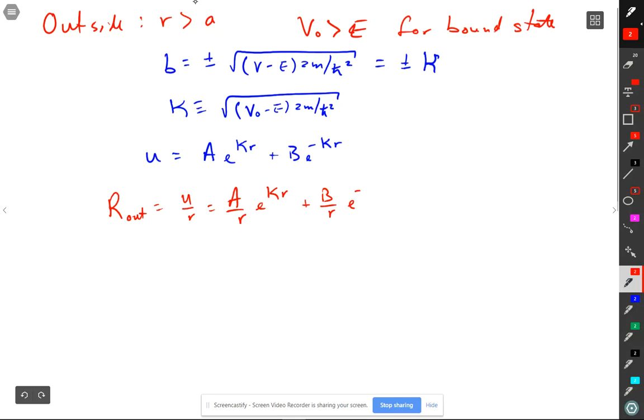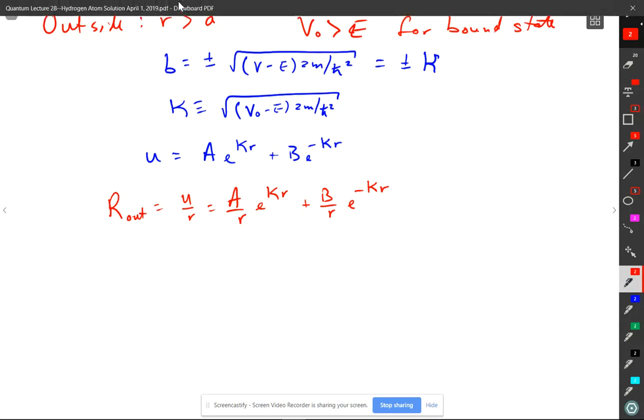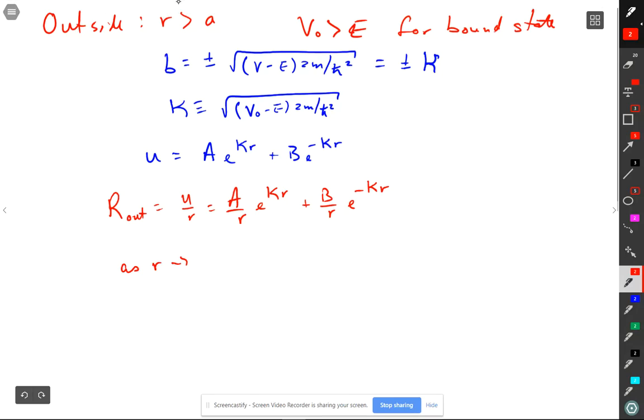It's not going to matter for what I'm doing, but I should just be more careful. So now we have our requirement that as r approaches infinity, R out has to approach 0. And so if you look at those terms, one of them does, one does not. Which one does not?